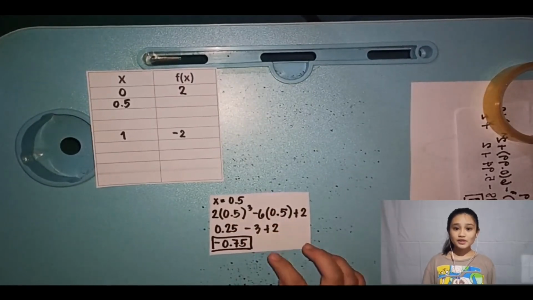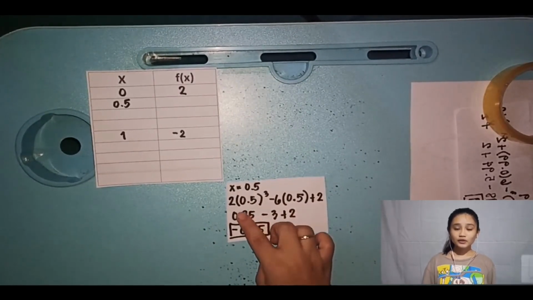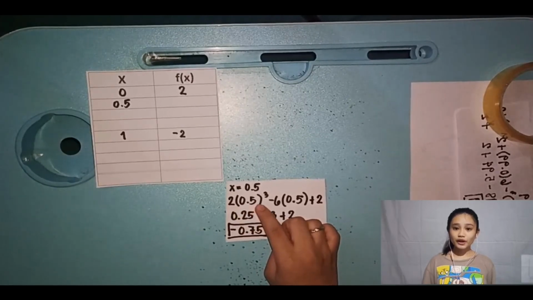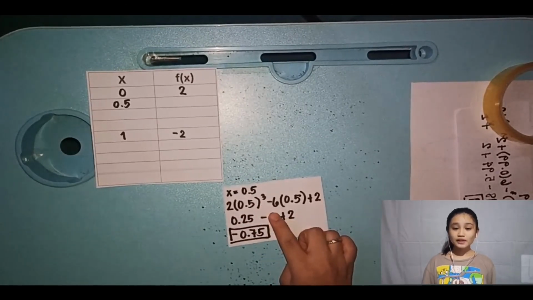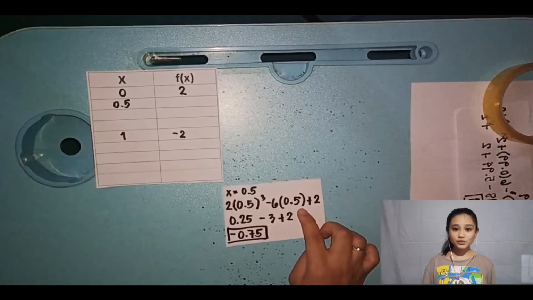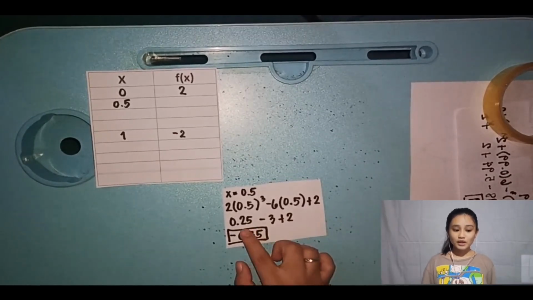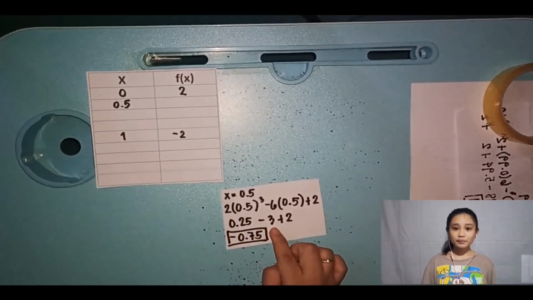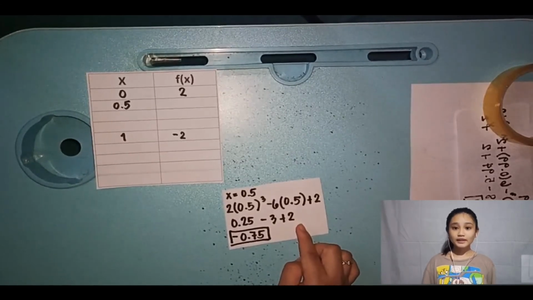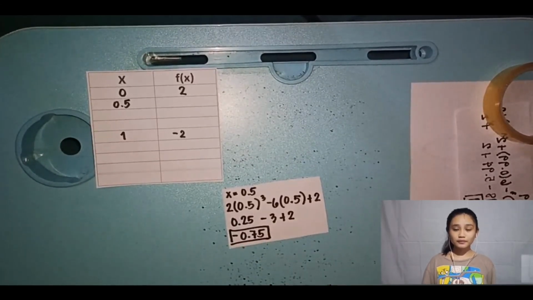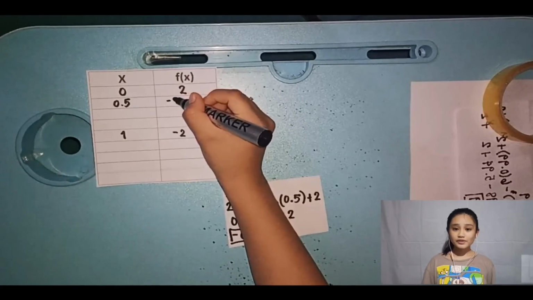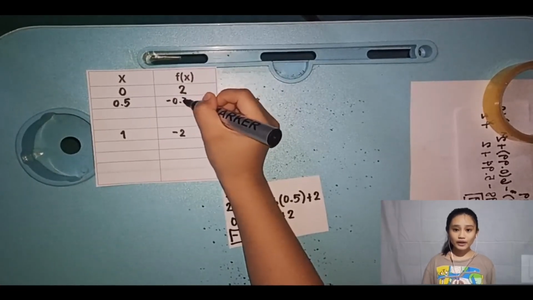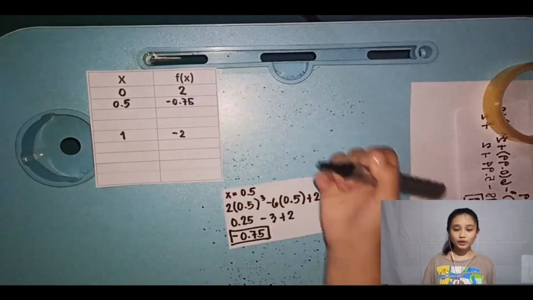Substitute x equals 0.5. 2 times 0.5 cubed minus 6 times 0.5 plus 2. 0.25 minus 3 plus 2 equals negative 0.75. Write negative 0.75 at the f of x part in the table of values.